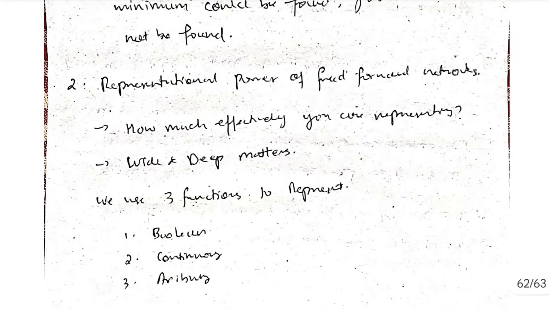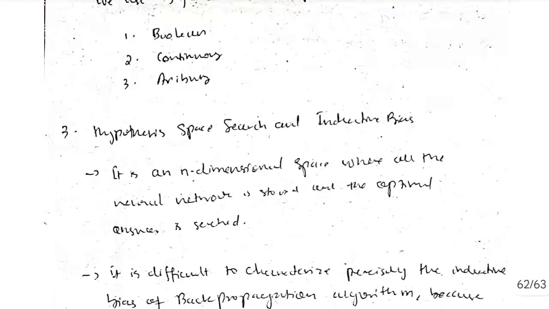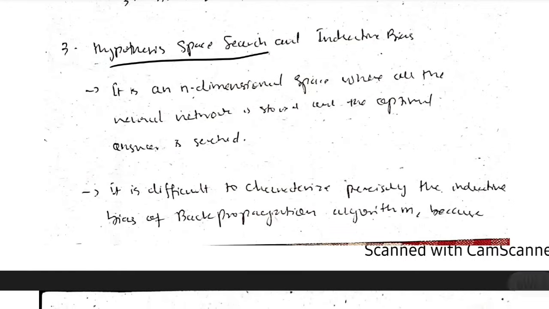Second is representational power of feedforward networks. How efficiently you represent, the wider and the deeper the network is, that matters. Three kinds of functions are there to represent: boolean functions, continuous functions, arbitrary functions. By using these three, you can make it more efficient. Hypothesis space search means all the possible combinations, that is the hypothesis space.